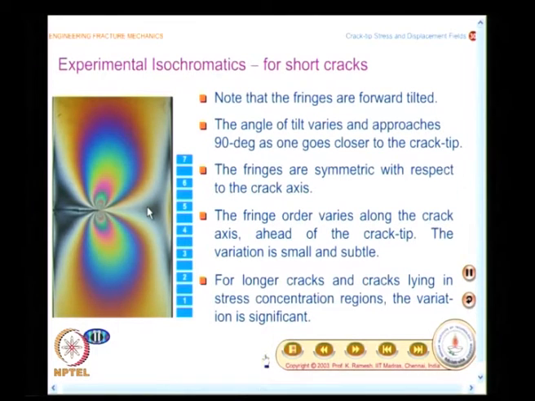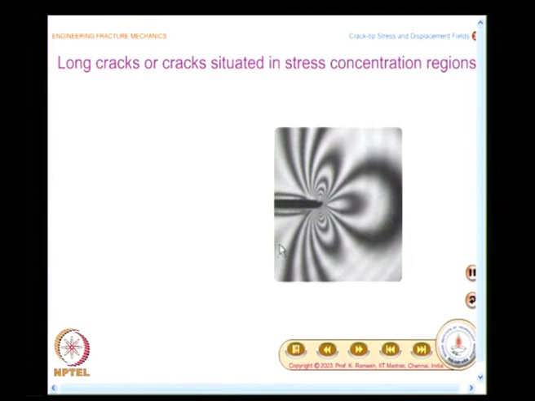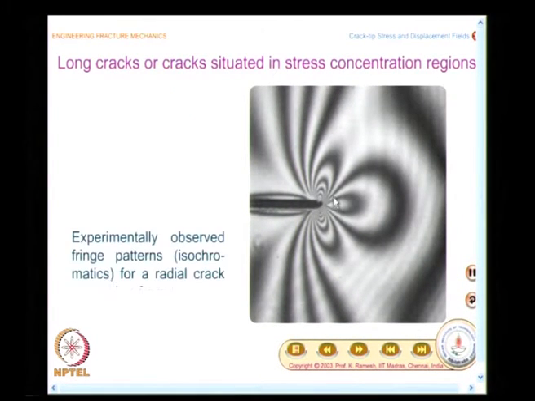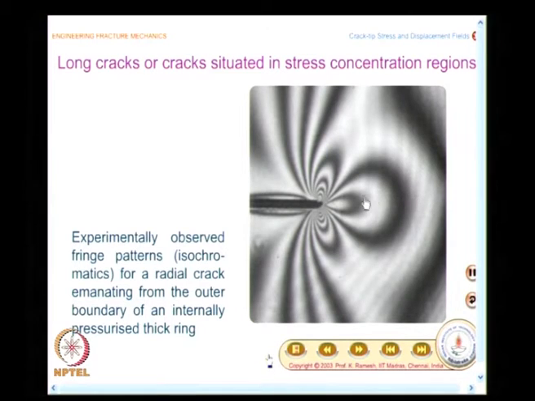It is not 0, that you have to keep in mind, which is not very clear in this fringe pattern. We would see another fringe pattern. We will look at a long crack, and in this you see very clearly I have a loop here, I have another loop here. So, there is variation of maximum shear stress along the crack axis.